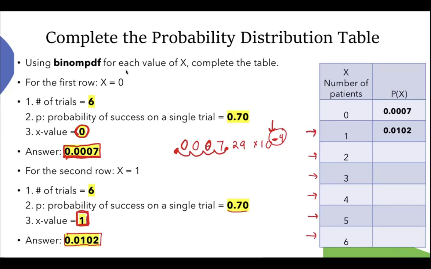So if you think about this, we start off with no patients being successful up here, and that's a really small probability. The probability that all the patients are successful down here, do you think that's going to be a really big probability or a really small probability that all 6 are successful? Well, let's calculate it and see what happens. Let's go to our calculator.